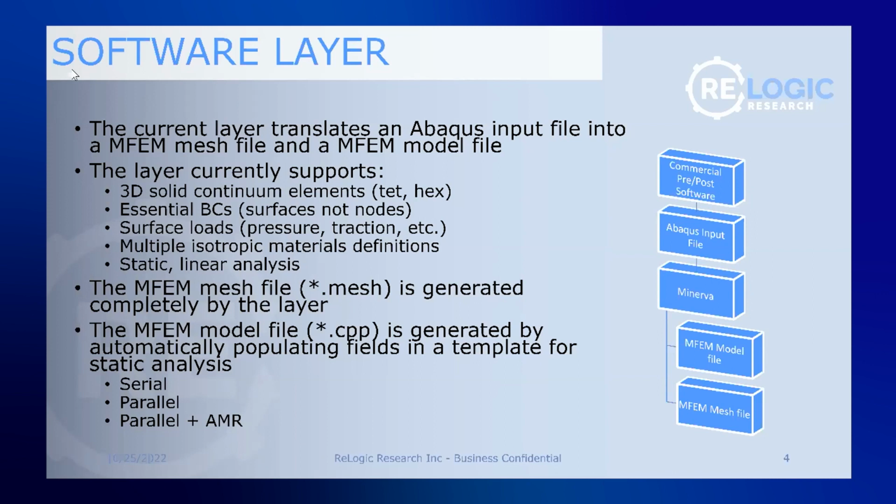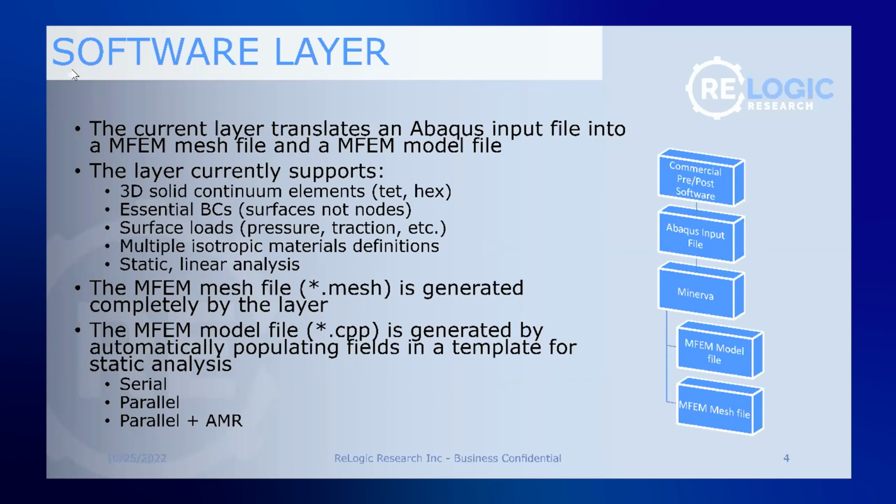So this software layer will take an Abaqus input file that's set up in a way that's documented to translate to MFEM, and it will output a mesh file and what we're calling a model file, the C++ code to execute the MFEM model.